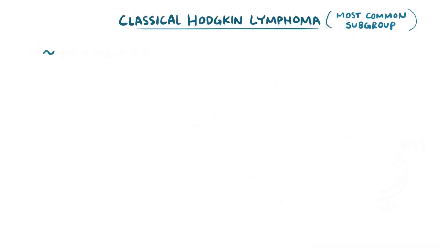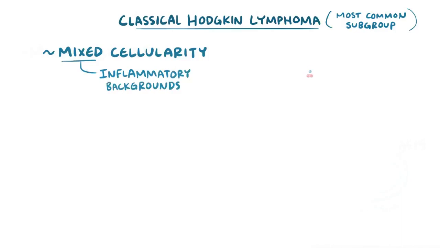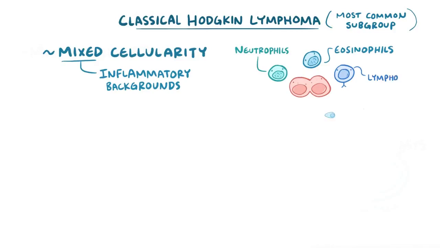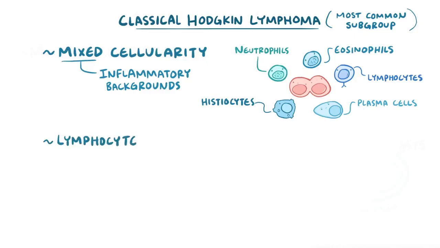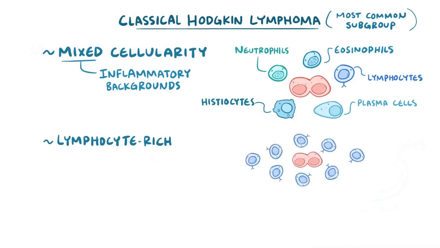The second most common type is mixed cellularity Hodgkin lymphoma, and this is named for the mixed inflammatory background composed of variable numbers of eosinophils, neutrophils, lymphocytes, plasma cells, and histiocytes that all surround the Reed-Sternberg cells. The third type is lymphocyte-rich Hodgkin lymphoma, and it's named for having mostly lymphocytes surround the Reed-Sternberg cells.